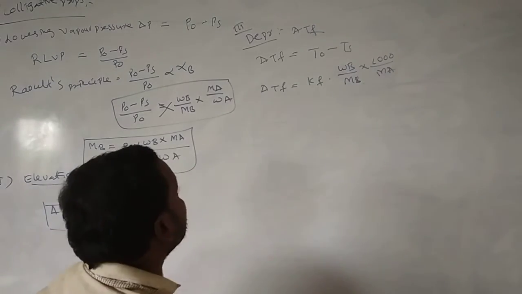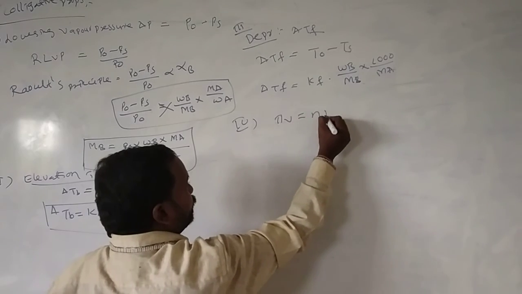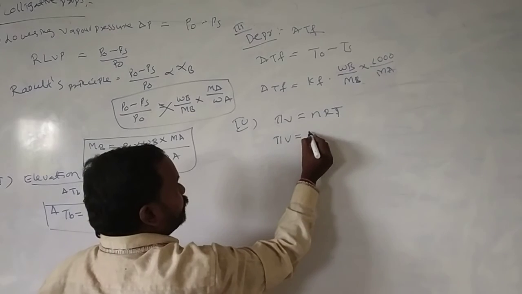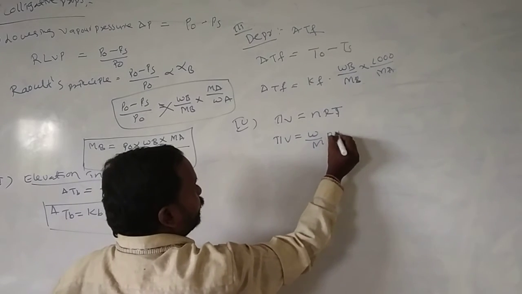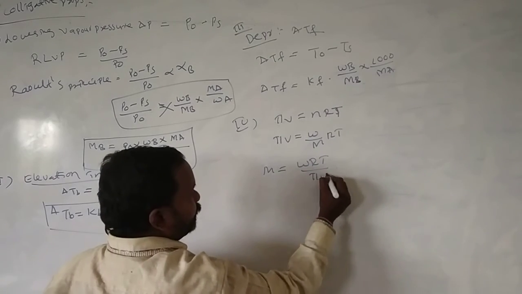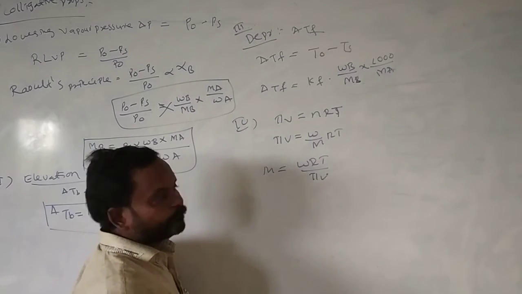This is one more principle. Fourth one, already we saw: pi V is equal to nRT, or pi V is equal to W by M RT, so M is equal to WRT by pi V. I am using sometimes S, sometimes R, which means both are the same.